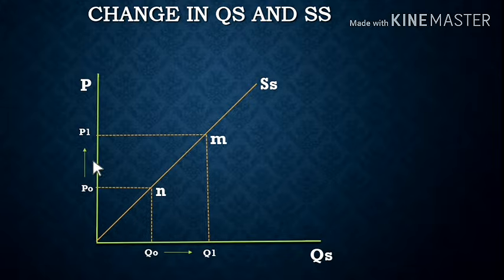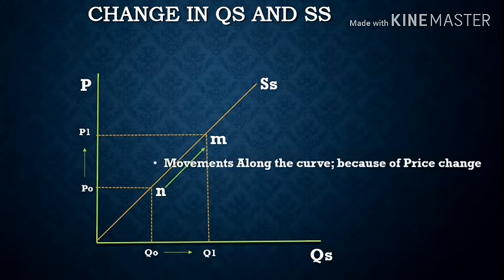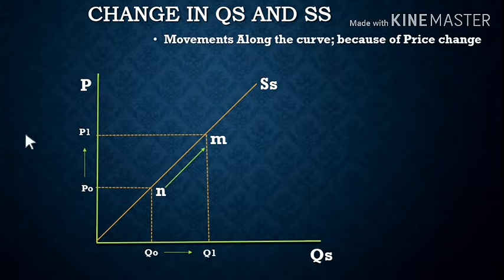So in detail በጽሁፍ ስናየው, you see this movement from n to m is movement along the curve. What is the reason behind it? It is because of a price change. Price ስለተቀየረ ብቻ ነው ይሄ movement የተከሰተው ማለት ነው. Okay, so we call it change in quantity supplied, or movement along the curve ብለን እንወስደዋለን ማለት ነው.